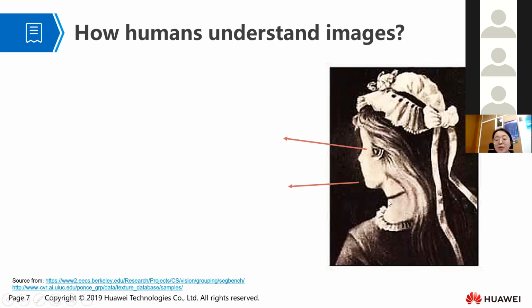Here I will give you an example to understand features, to understand how humans understand images. Here is an image. The question is: is it a girl or an old lady in this image? What can you get from this image? Is it a girl, an old lady, or both?